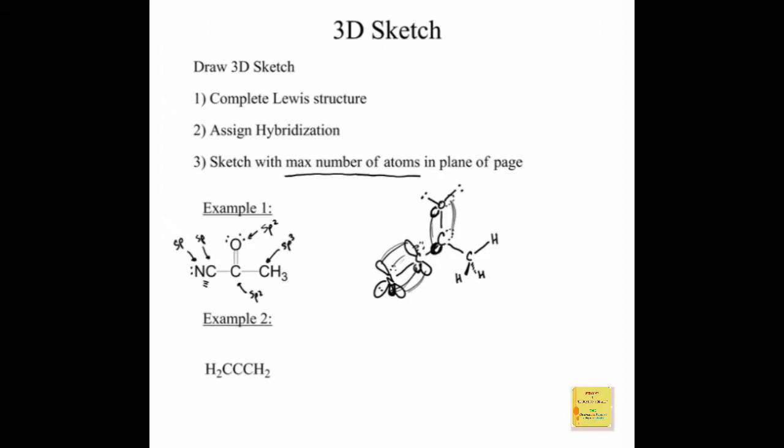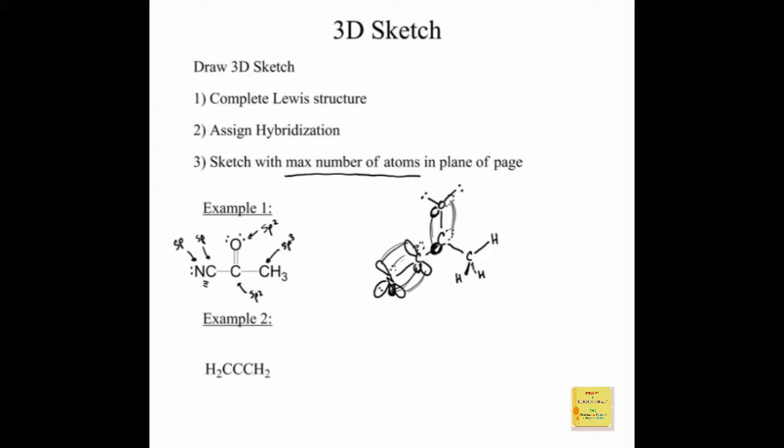So here we have our linear CN triple bond, and see how it's pointed off in this direction. Our CO double bond is pointing straight up, and our CH3 is over here. Let's tilt this a little bit. We chose to draw it with the hydrogen pointing in the plane, and then here's our dash and our wedge hydrogen. So really an accurate 3D sketch should very much look like the shape of the molecule in reality.